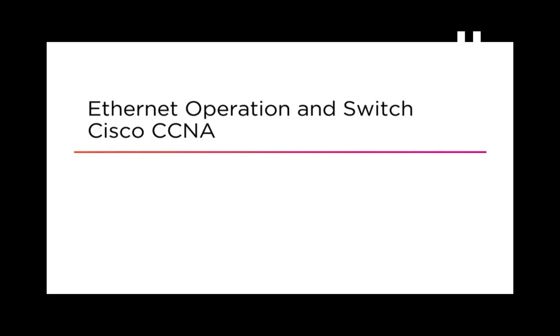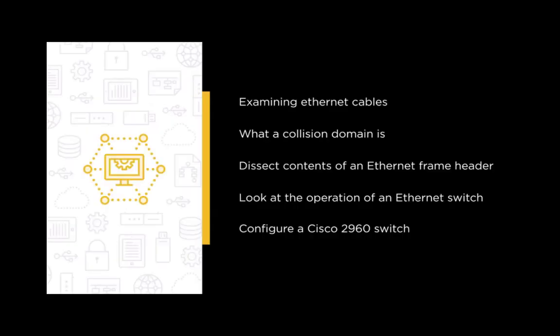So in this video I will show you the operation of switches in regards to CCNA. I will show you how switches work, what switching is, and what the fundamentals of Ethernet are. So let's begin.